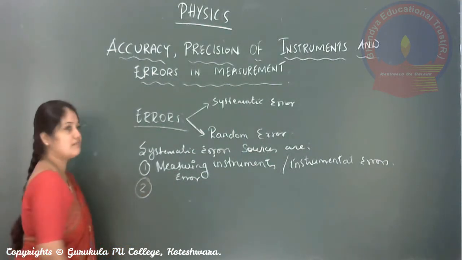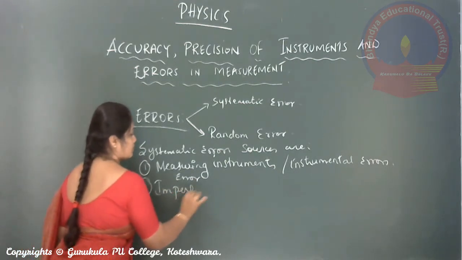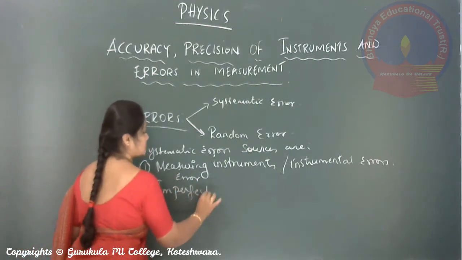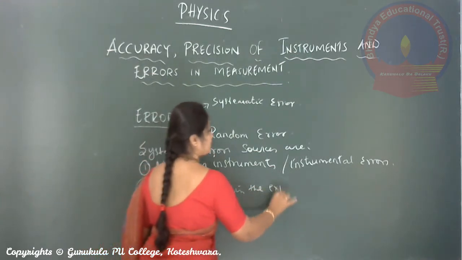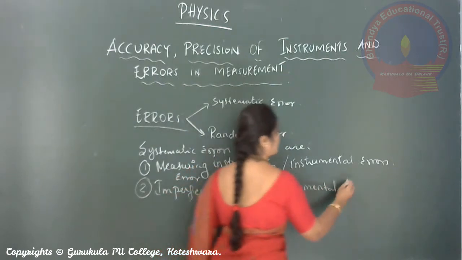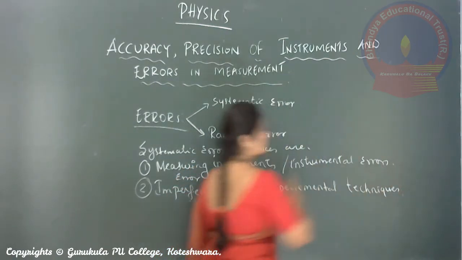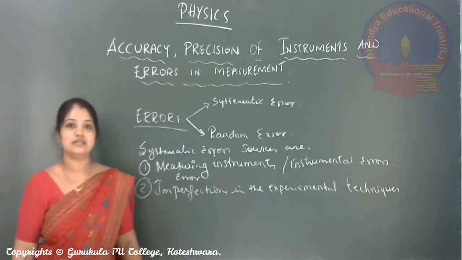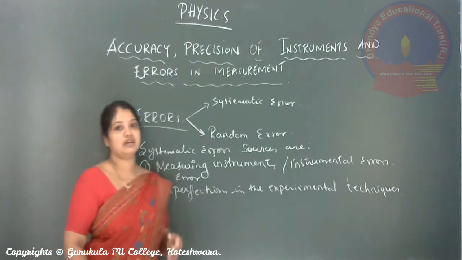The second one is about imperfections in the experimental techniques. What do we mean by imperfections in the experimental technique?